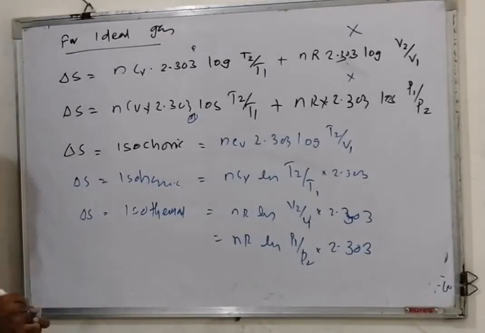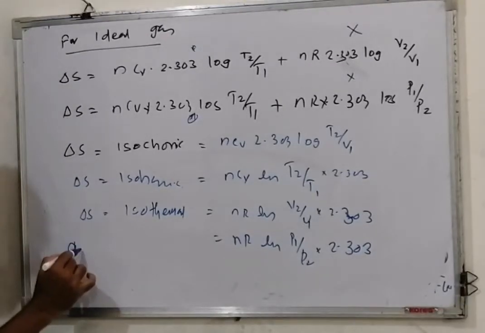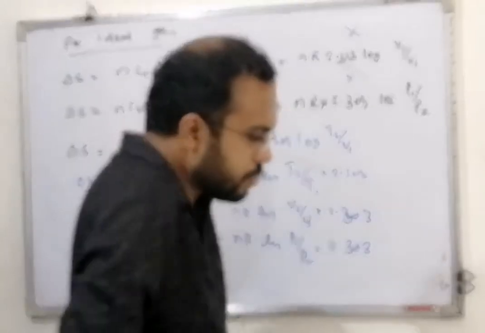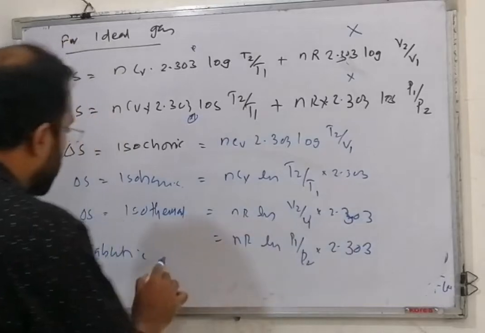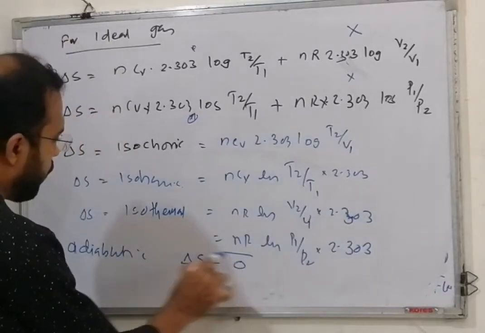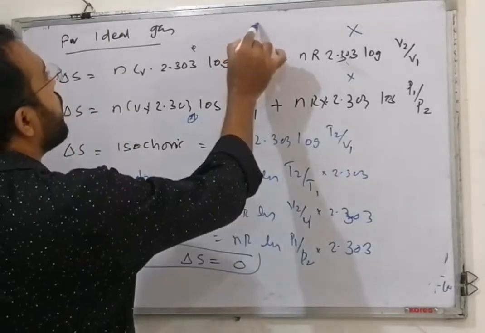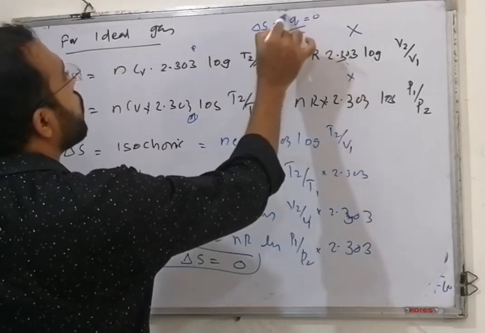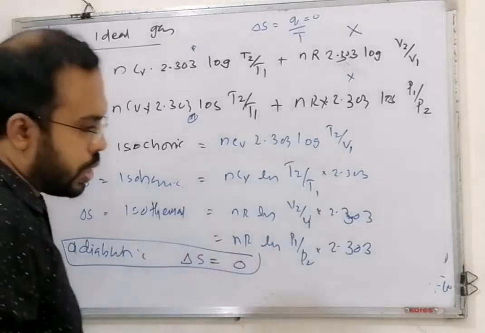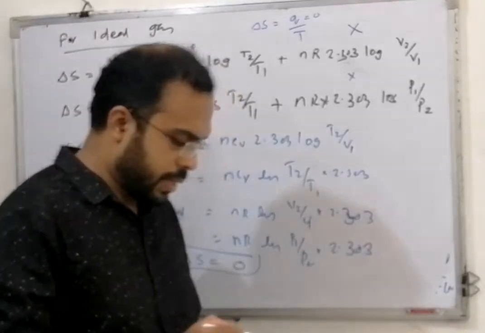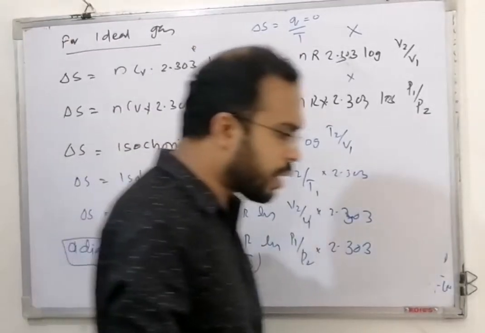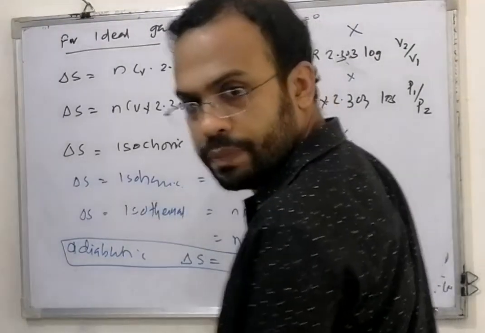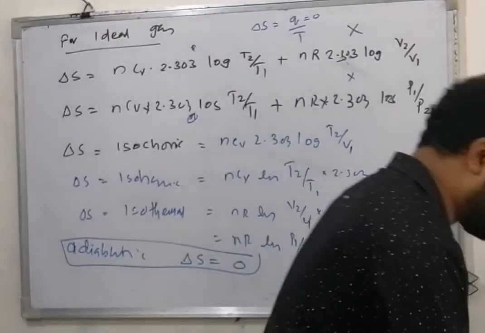Now delta S, very important, adiabatic. For an adiabatic, delta S is equal to 0. Because the fundamental equation is delta S equal to Q by T. For an adiabatic, Q is 0. 0 by T is equal to 0. Okay? Yes. Therefore, these are the equations for our entropy change calculations.